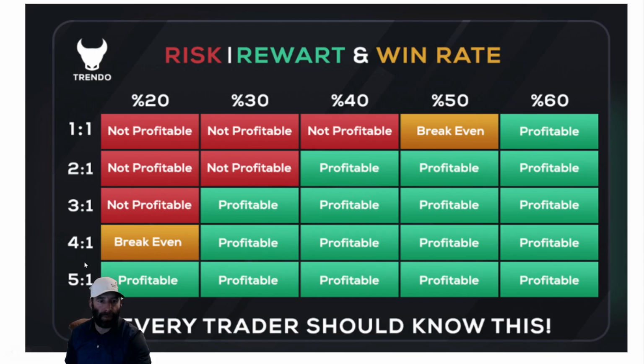Obviously, everybody would love to risk $100 to make $500, but those trades are a little bit more difficult to come by. Still very possible to find those trades, but understand that you're probably going to have a little bit longer time horizon, whereas at 1-to-1, you're probably going to be in that short-term scalping, seconds to minutes, for how long your trades are going to be lasting.